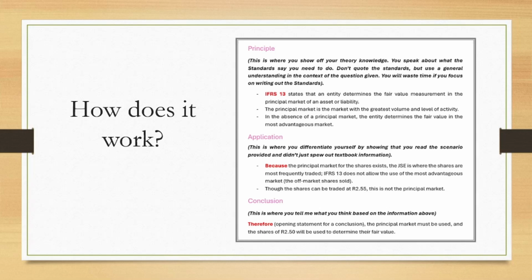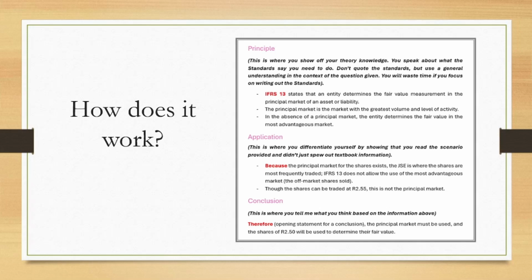Application is where you differentiate yourself and show your examiner that you actually read the scenario provided and didn't just spew out textbook information. Because the principal market exists, see, the JSE, I'm linking the term that was used in the scenario. The JSE is the place where shares are most frequently traded.